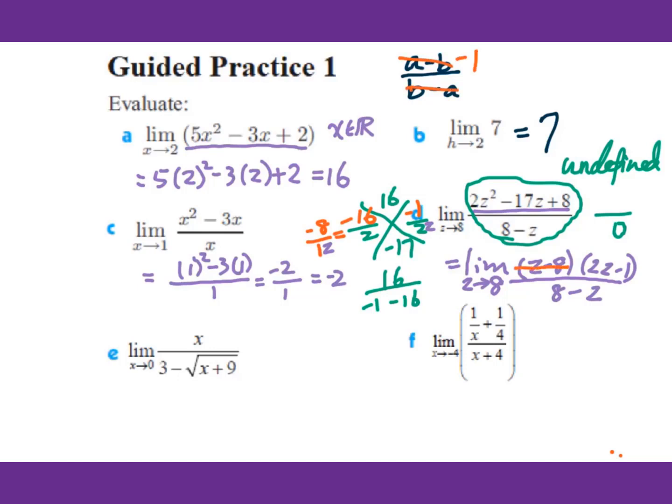Therefore, z minus 8 and 8 minus z, we reduce, we get negative 1. So we will get the limit as z approaches 8 of negative 2z minus 1. This time, you can just plug in. So we have negative 2 times 8 minus 1. That's 15. We have the negative sign, negative 15.